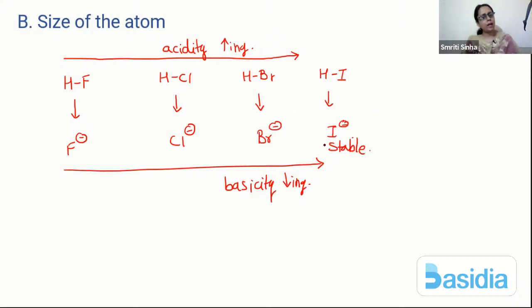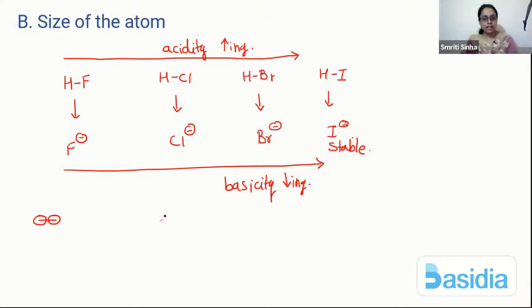Now why is I minus more stable than F minus, even though all are electronegative atoms? Because here the size matters. The size difference between H and F is not much, therefore they can form a stronger bond. As they can form a stronger bond, the F won't let H go, and that's why it is a weak acid.